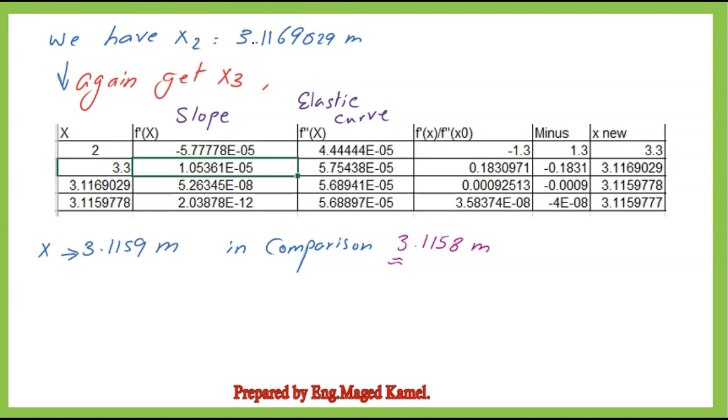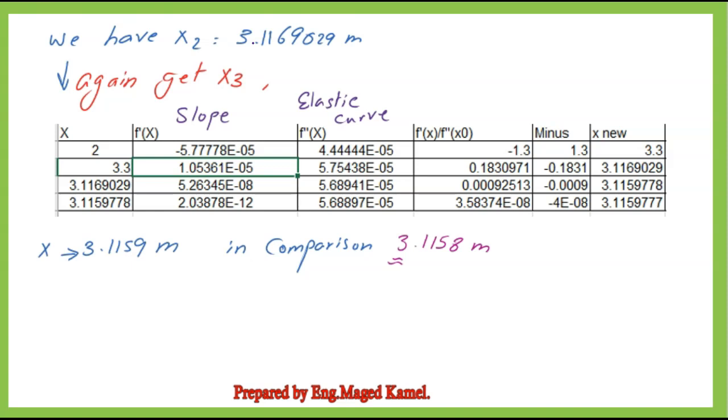We plug in x equal to 3.1169029 in the equation of Newton-Raphson. We estimate the f dash of x and also the f double dash of x for this value. We divide f dash of x over the f double dash of x, we get 0.00092513. We multiply it by -1. So we are going to subtract, the value of x will be 3.11597. We plug it again. We estimate f dash of x and f double dash of x.